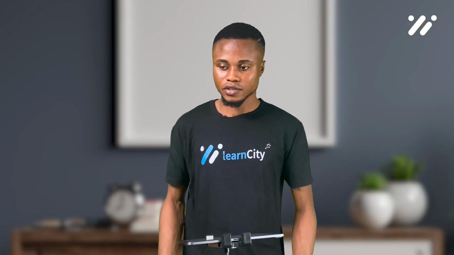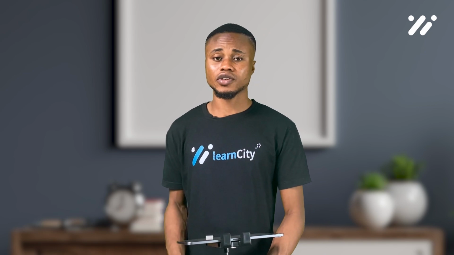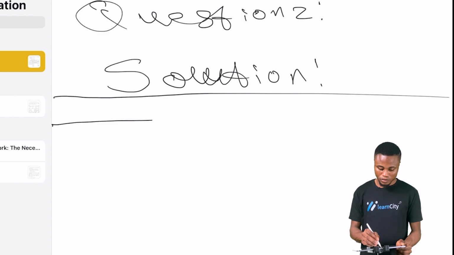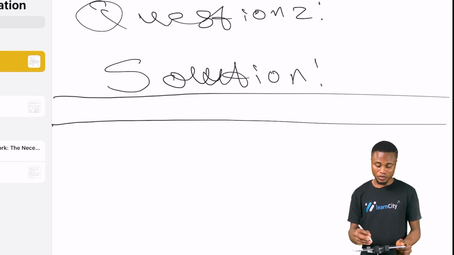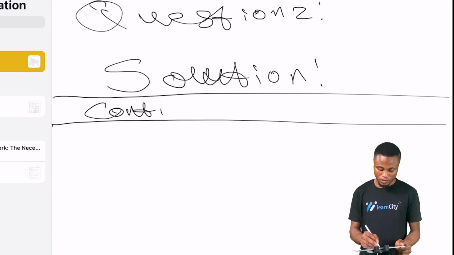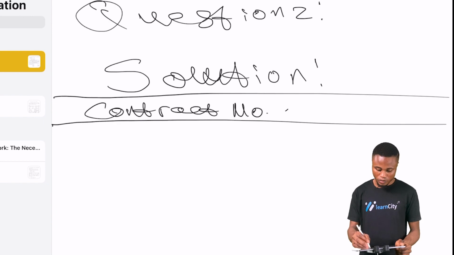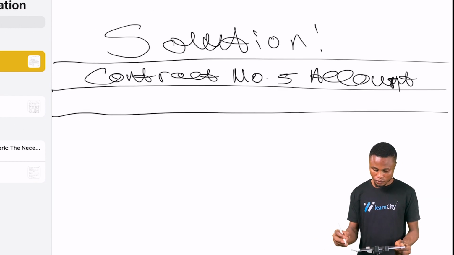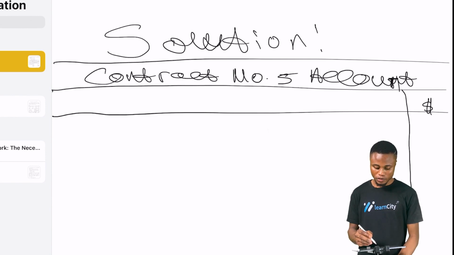All right. So the material that was used in the contract is given. Let me rule first. We are preparing contract account, contract number 5 account.